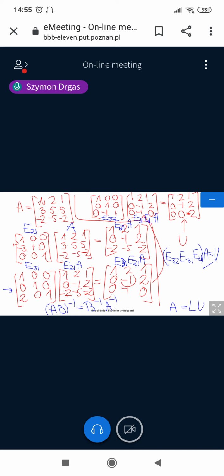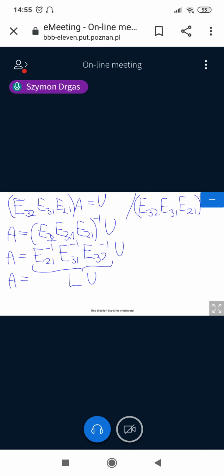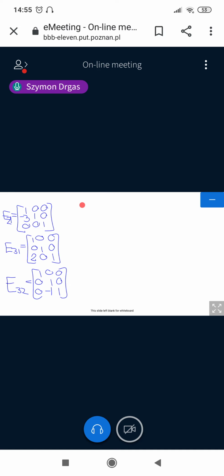So now we know that matrix L is E21 inverse multiplied by E31 inverse multiplied by E32 inverse.